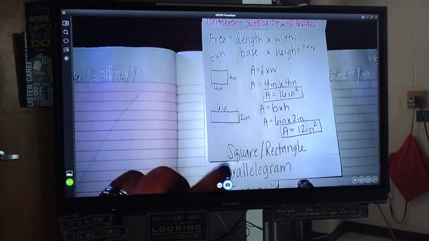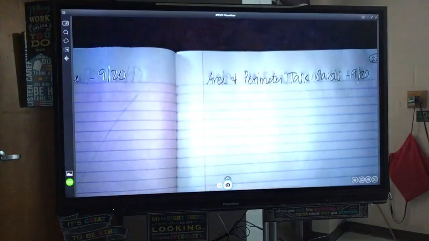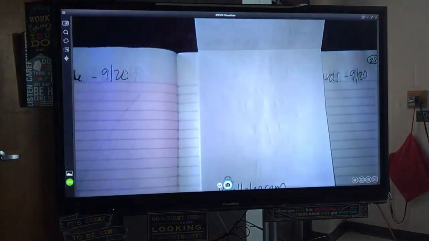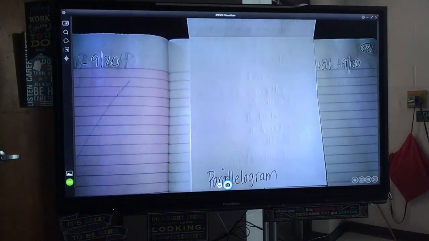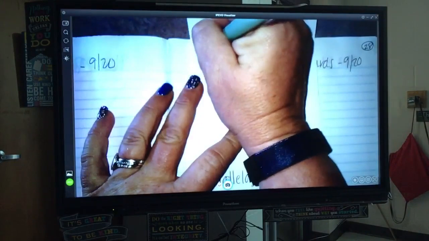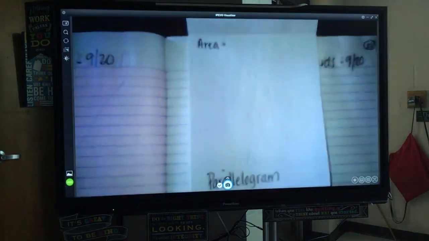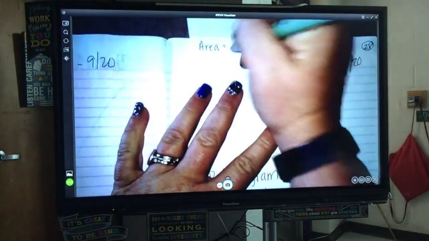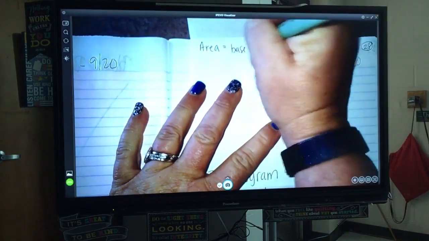All right, stand up when you have this copied down. Go ahead, flip up the next flap if you haven't done so already. Now we are going to be talking about parallelograms. I need to give you a disclaimer: I can't draw, so please don't judge me. When talking about the area of a parallelogram, the formula that we use is base times height.